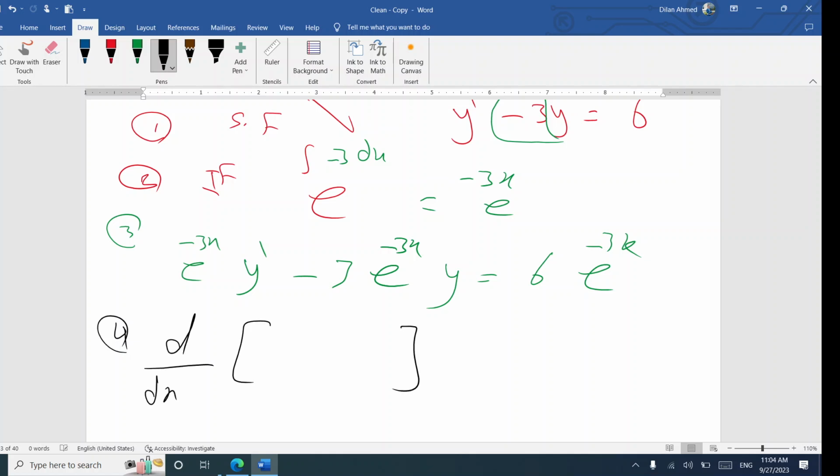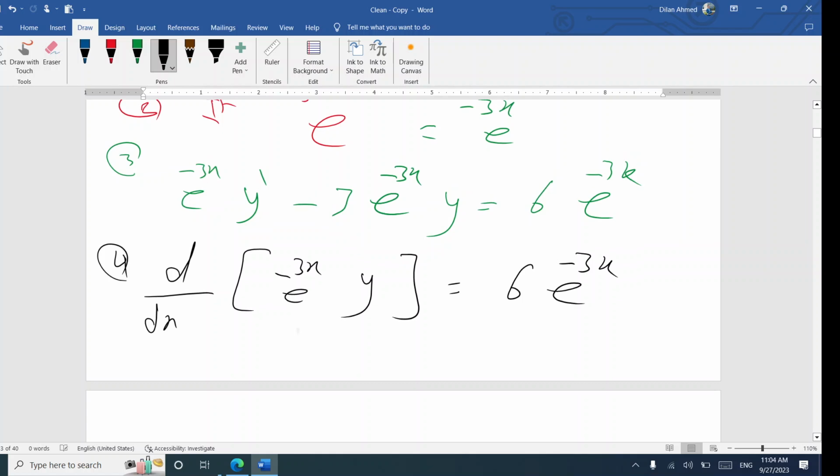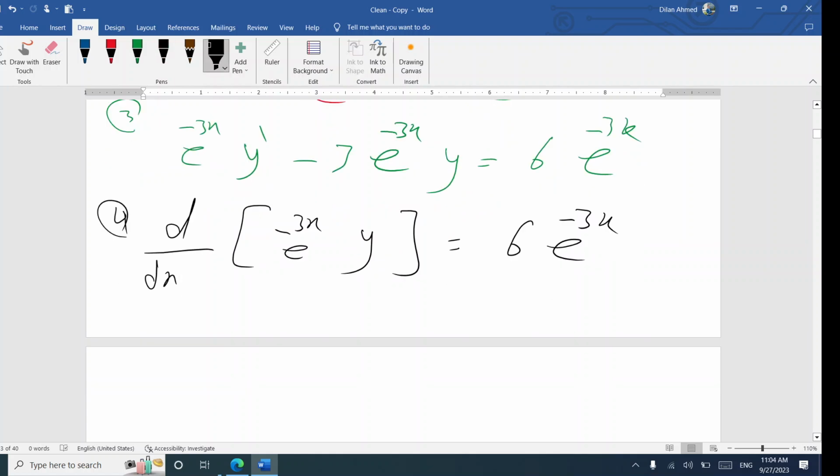Integral factor and y, so e minus 3x and y. Integrate both sides. Number 5, integral.